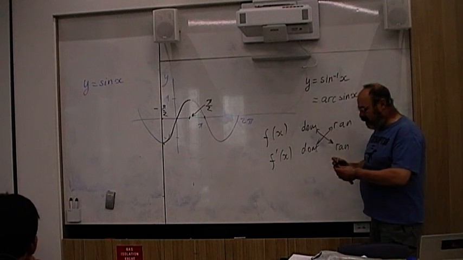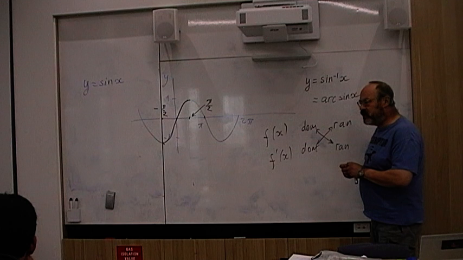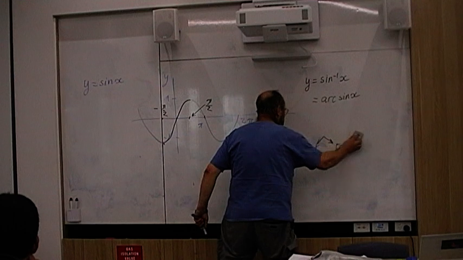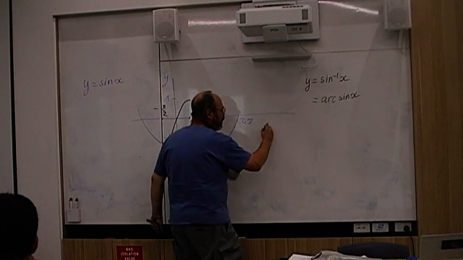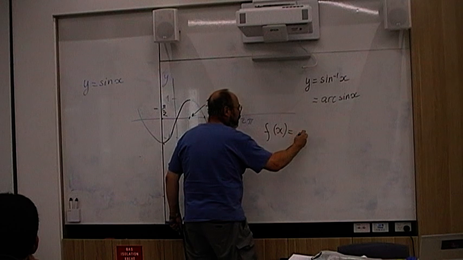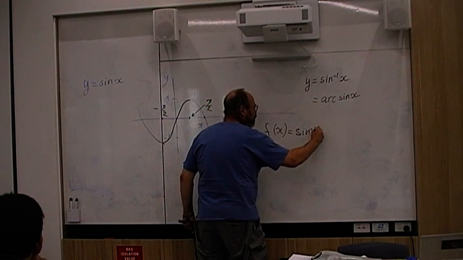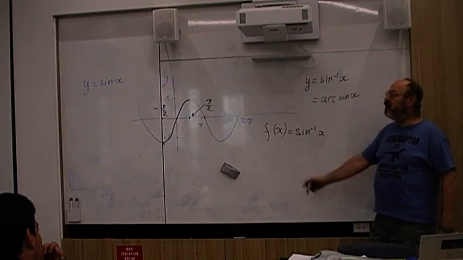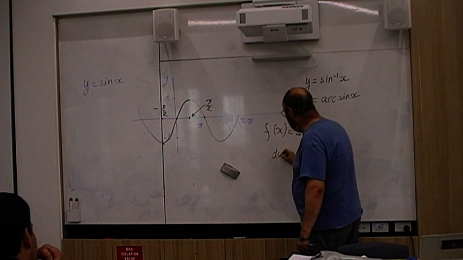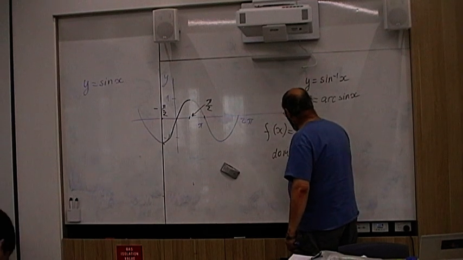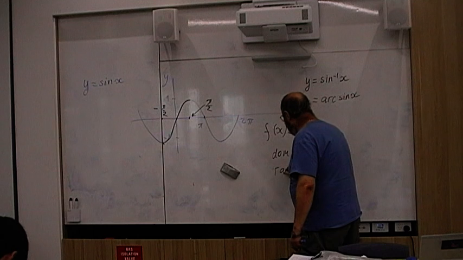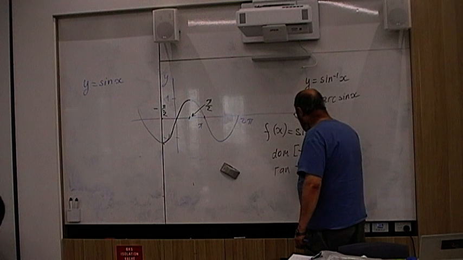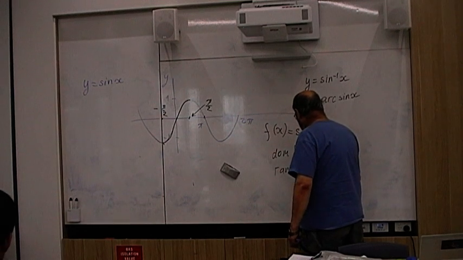So for f of x equals sine negative 1 x, its domain, negative 1 to 1, is the range of sine. So the domain is negative 1 to 1, and its range is from negative pi on 2 to pi on 2.